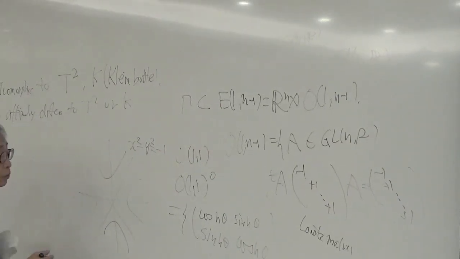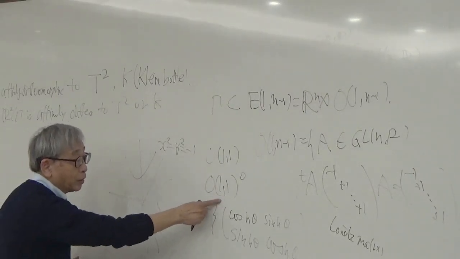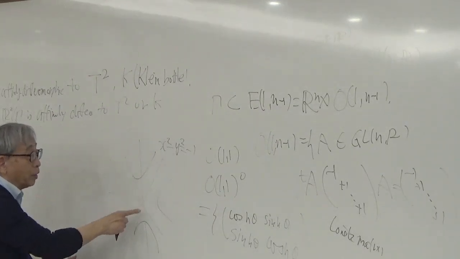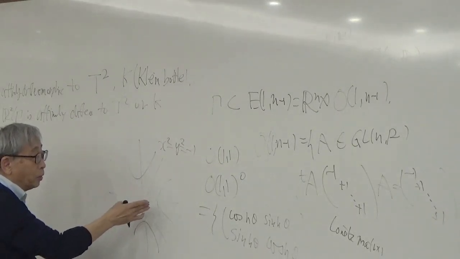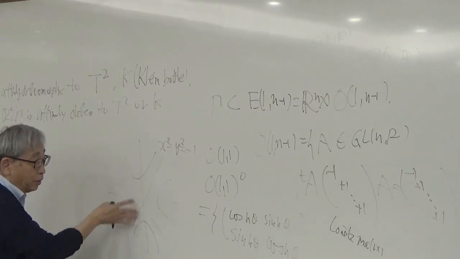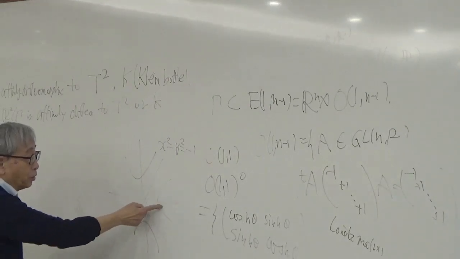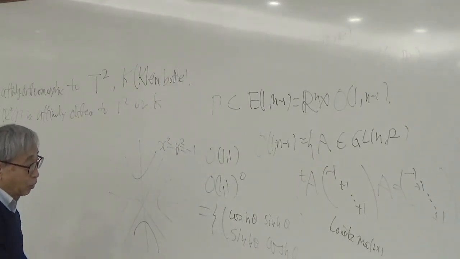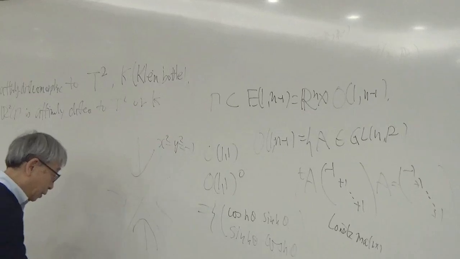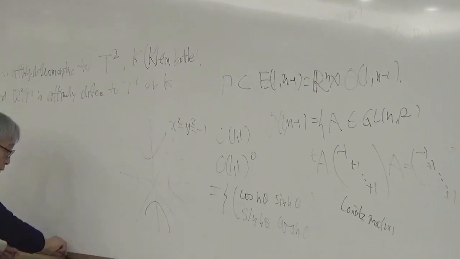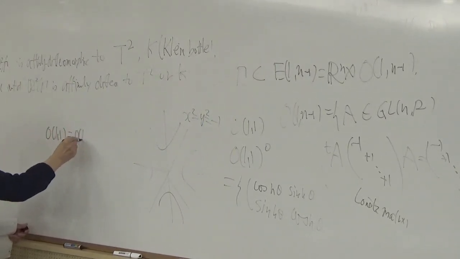And 4 components means: preserving everything is the identity component; preserving this and changing this is one component; also preserving this and interchanging this is another component; and changing this is another component. So if we write it down, maybe like that: O(1,1) is the identity component.